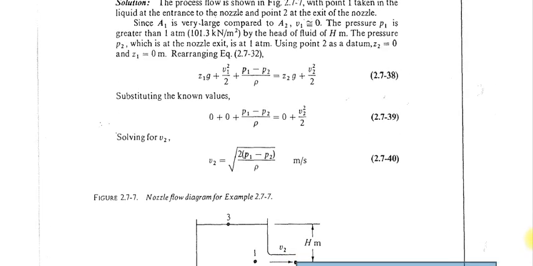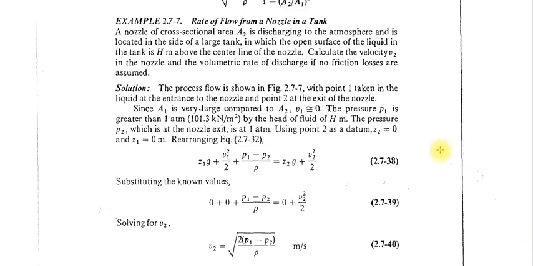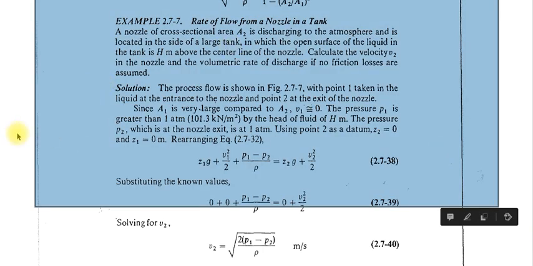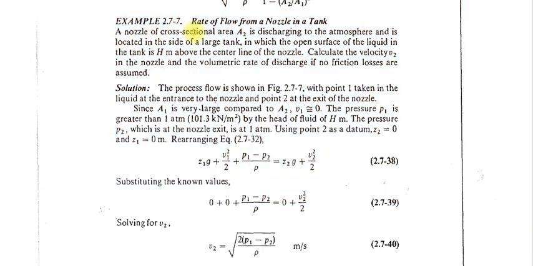Here you have to solve this problem: a nozzle of cross-sectional area A2 is discharging to the atmosphere and is located in the side of a large tank in which the open surface of the liquid in the tank is a meter above the center line of the nozzle.